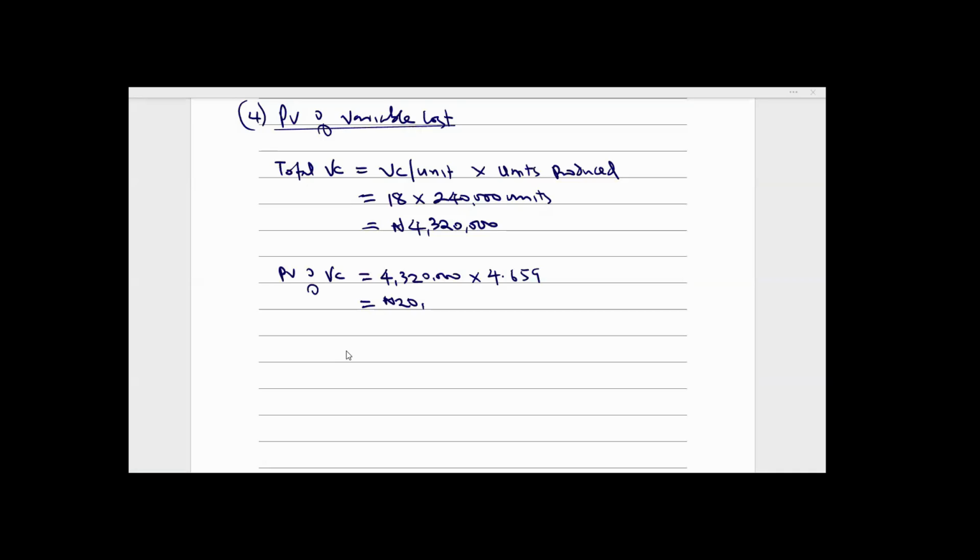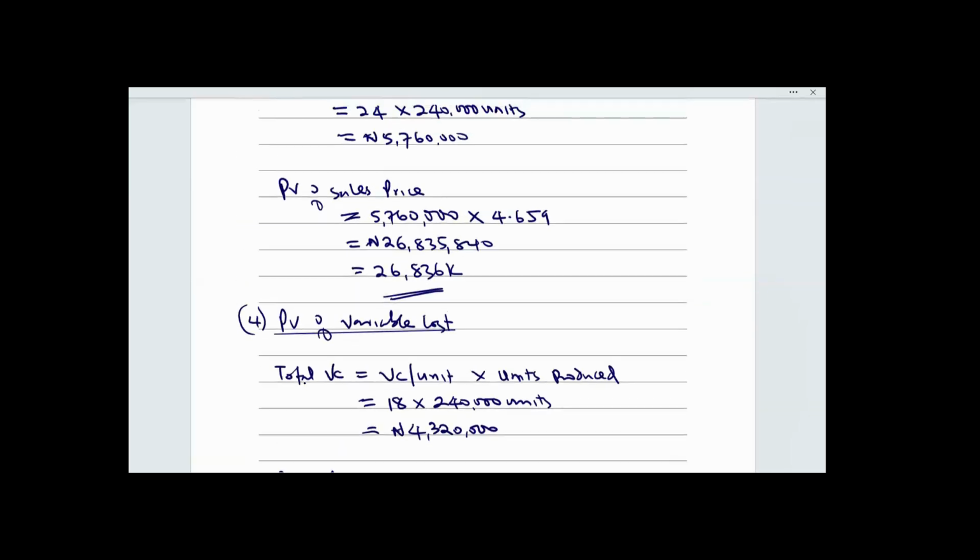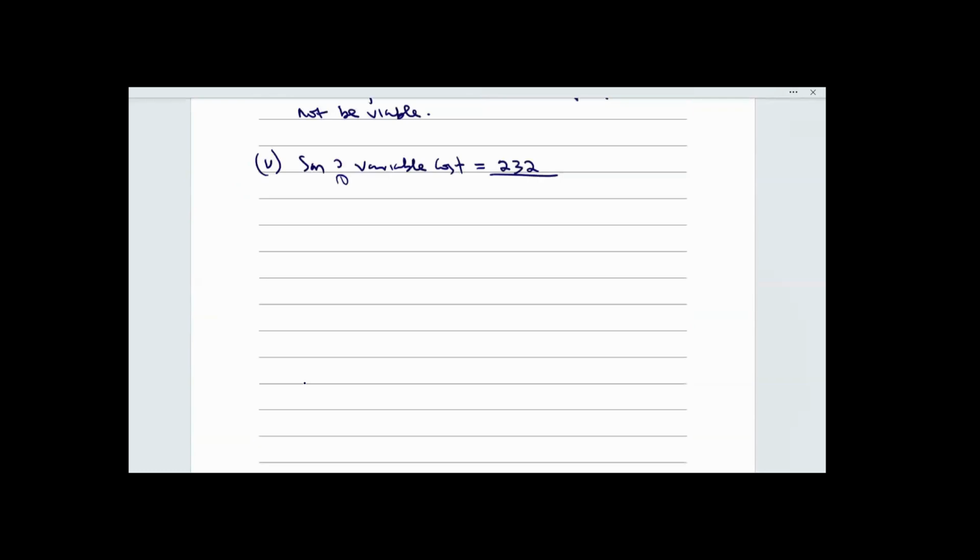Multiplied by 4.659 gives 20,126,880. So remember, our figures are in thousands. So this will be 20,127. Okay. So that's that.